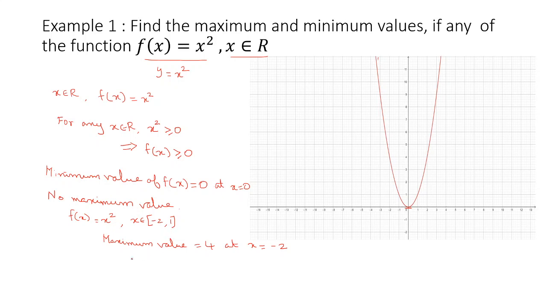So the minimum value is 0 at x equals 0. So if you restrict the domain, then this function will have a maximum value also.